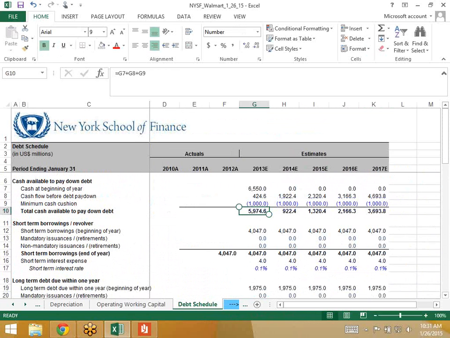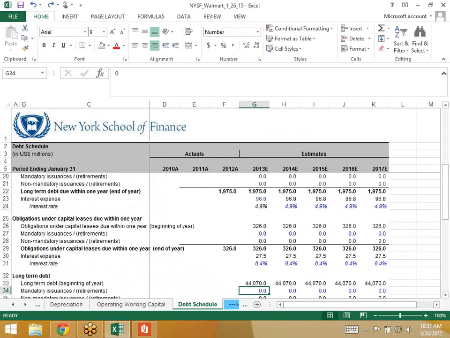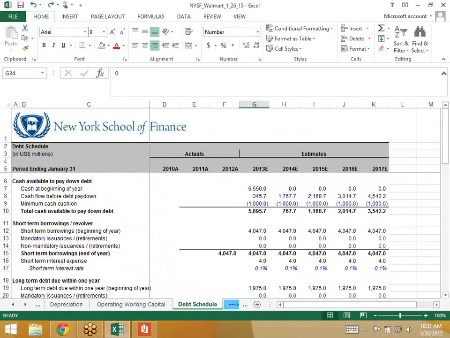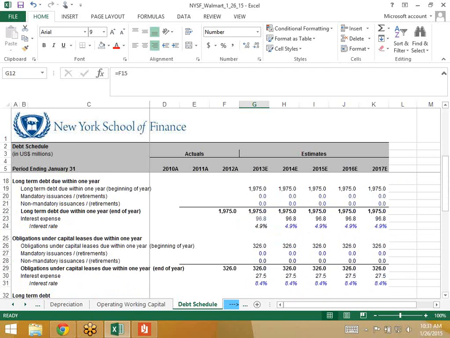What happens to the cash? It'll go down. What was it before? Before, it was 5895.7. Pay down $5 billion.